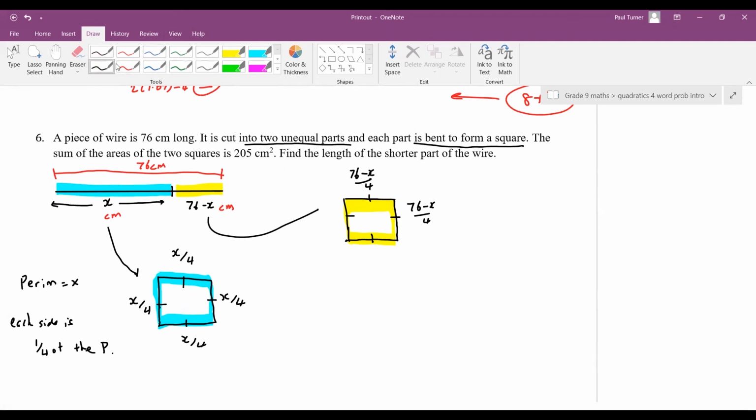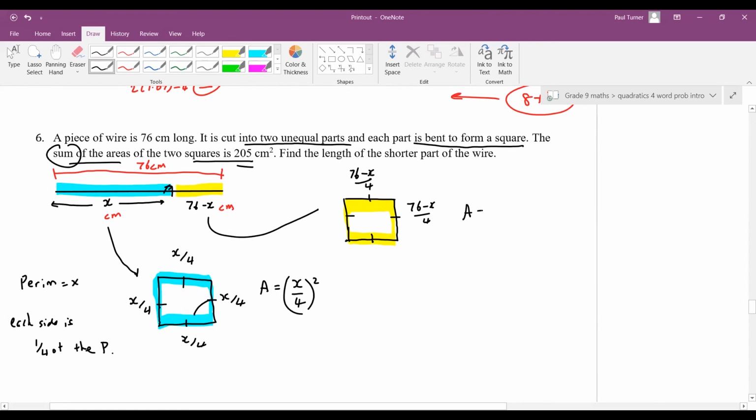Now, the next part of the question, it says the sum of the areas. The sum of the areas of the 2 squares is 205. So what's the area of this square here? That would be X on 4 squared, length times length, okay? X on 4 squared.